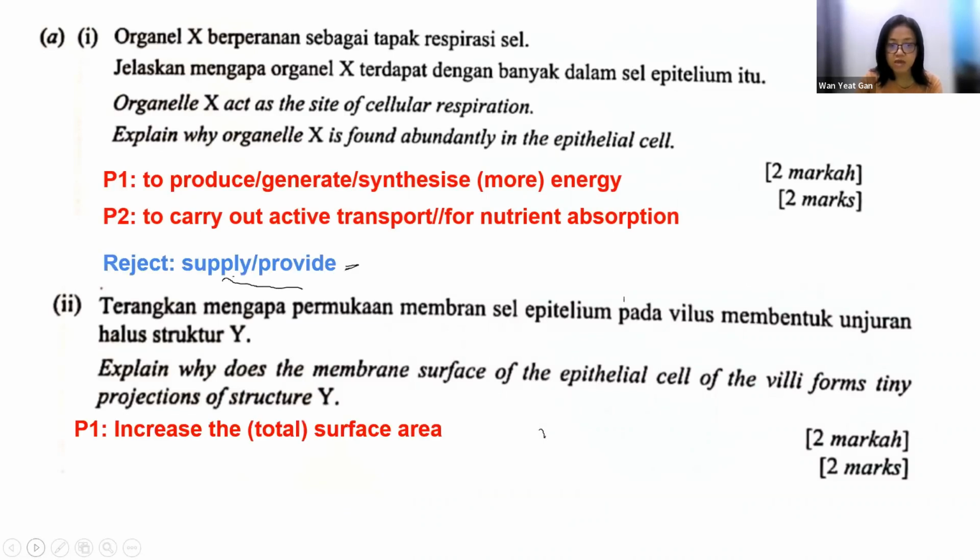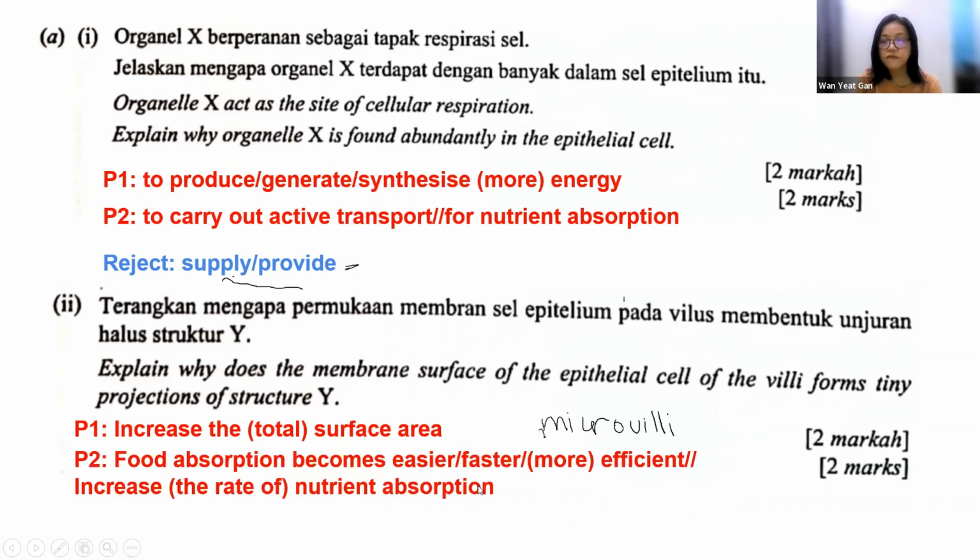This tiny projection is actually microvilli. Microvilli increase the total surface area so that food absorption becomes easier and faster. We want the food absorption to be more efficient, so you need to increase total surface area so that it can occur more rapidly and more efficiently.